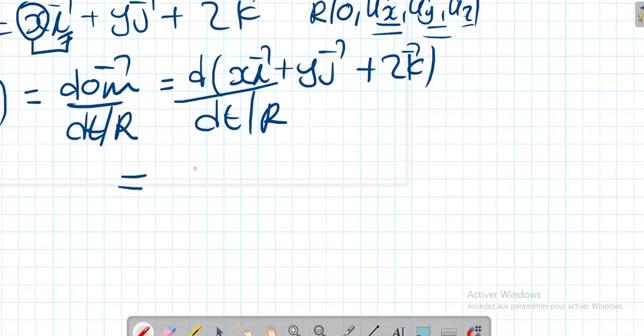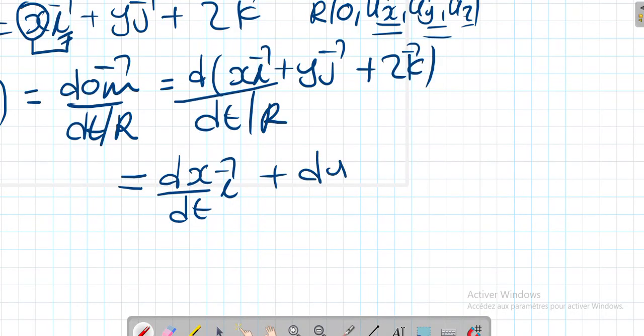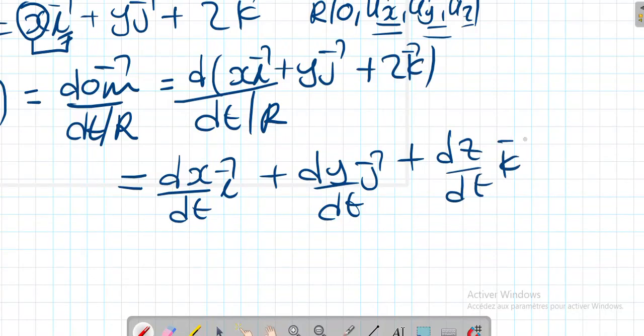Then you derive each component. It's a product, but you're not going to apply the product rule because you're deriving in R, which implies that E, G, and K are constant. So you just find the derivative of x with respect to time, keeping E constant. You're not going to find the other derivative. Then plus the derivative of y with respect to t, keeping G constant, then plus the derivative of z with respect to t, keeping K constant.